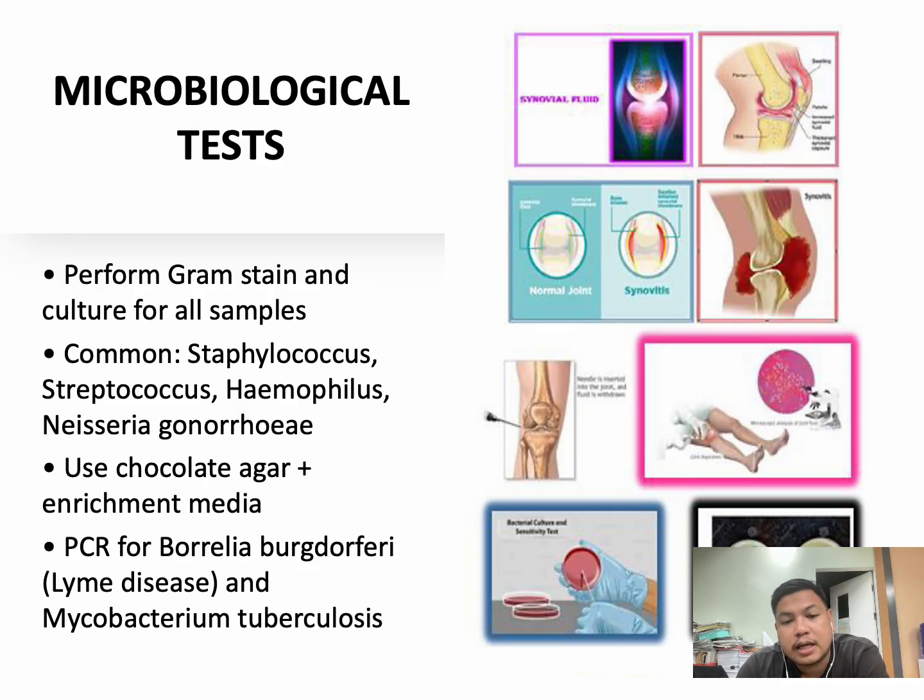The common types of bacteria found in our synovial fluid are Staphylococcus, Streptococcus, Haemophilus, and Neisseria gonorrhoeae. We use chocolate agar plus enrichment media. We can also use PCR for Borrelia burgdorferi, the one that causes Lyme disease.